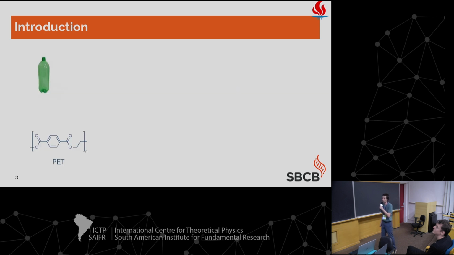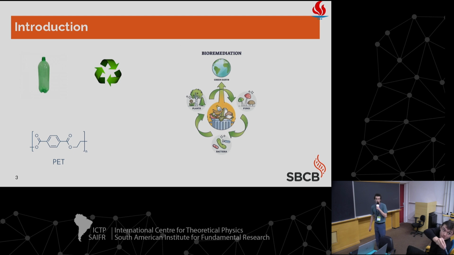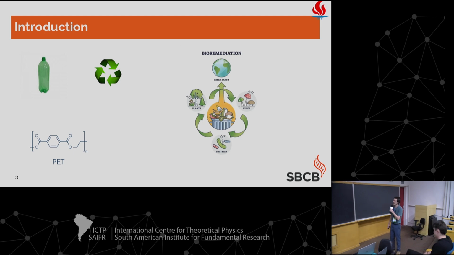PET is the most used kind of plastic today. And the most used way to mitigate this problem is recycling, which is not a very efficient way of mitigating it. So bioremediation is another way to mitigate this issue and get rid of plastic pollution.